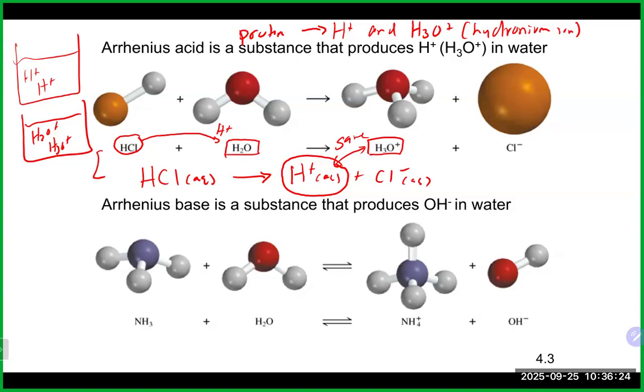So the Arrhenius definition of an acid, again, is something that has the ability to produce free H plus in solution. And an Arrhenius base is something that can produce OH minus in solution. So for something to be a base, it has to have the ability to produce free OH minus in solution.